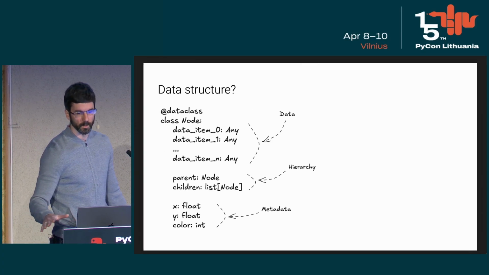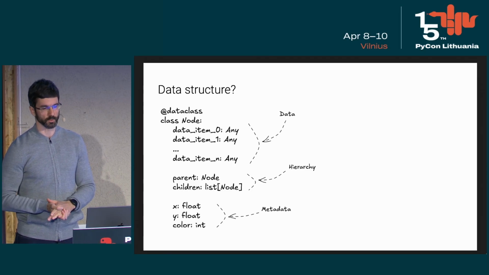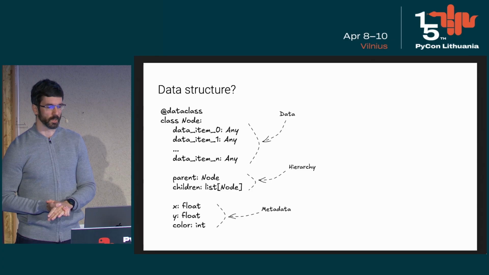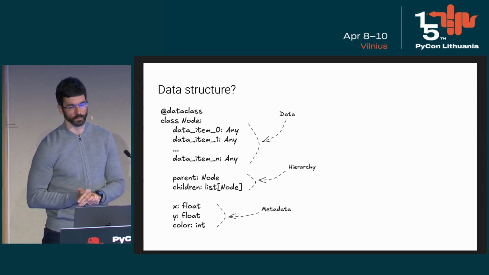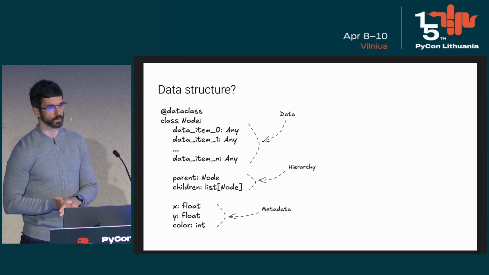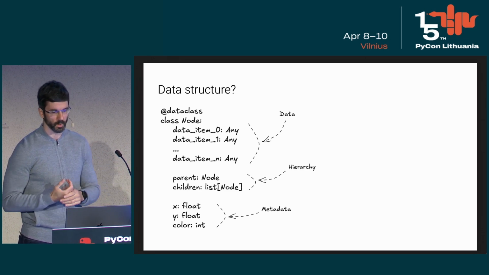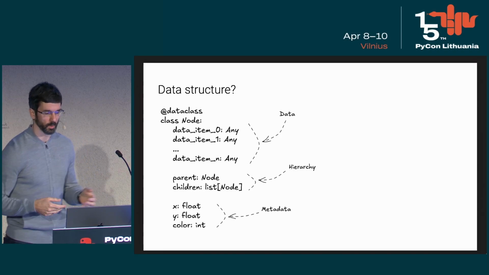So if you study data structures and algorithms, the way to represent a tree in code is usually with a node data structure. Be it a type or struct or class or whatever, and I'm using a data class as an example here.